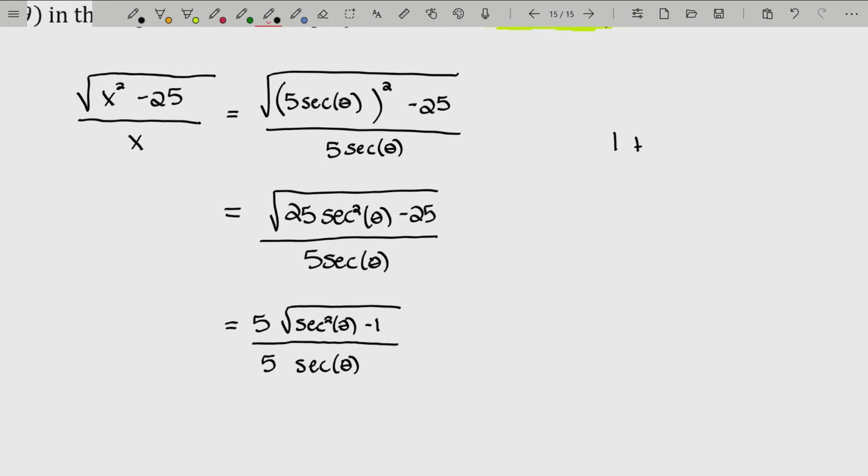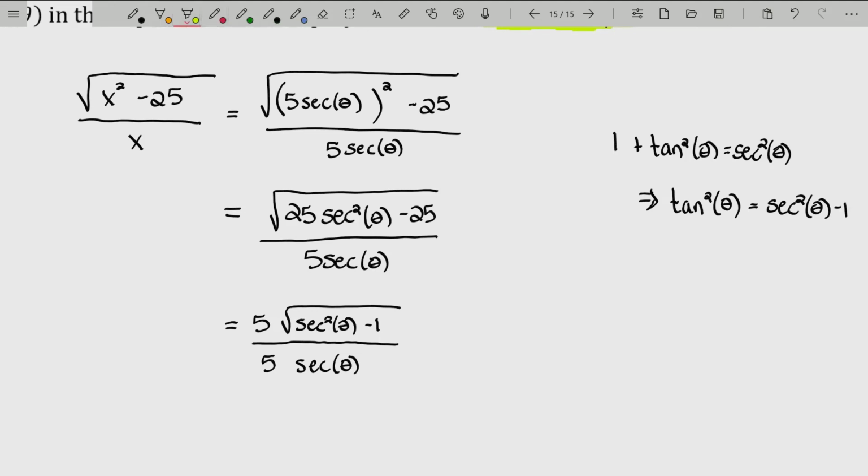There's a trig identity involving secant squared. It's 1 plus tangent squared of theta is equal to secant squared of theta. This is a Pythagorean identity that has to be memorized. You subtract 1 from both sides, and you get that tangent squared of theta is equal to secant squared of theta minus 1.